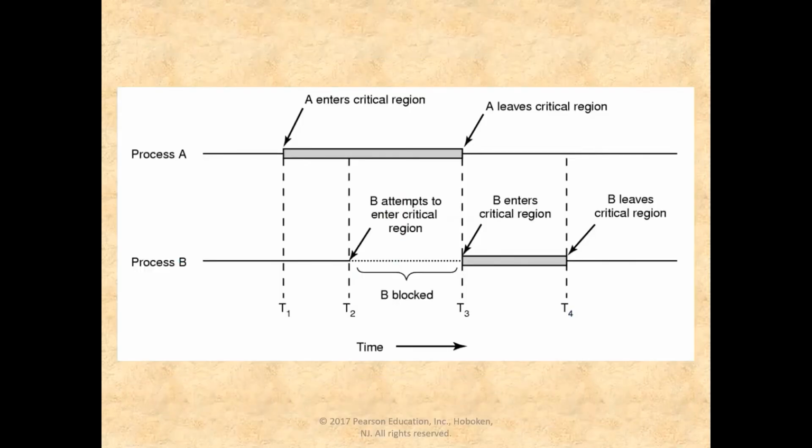This slide shows another example scenario of a critical section, where we have process A and process B competing for, say, a printer.